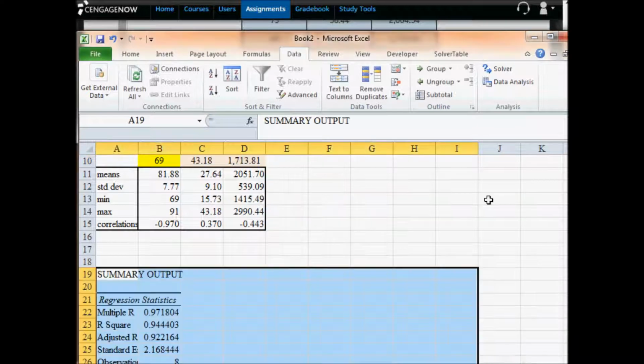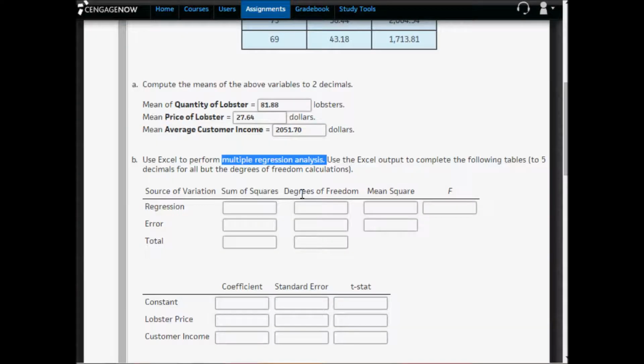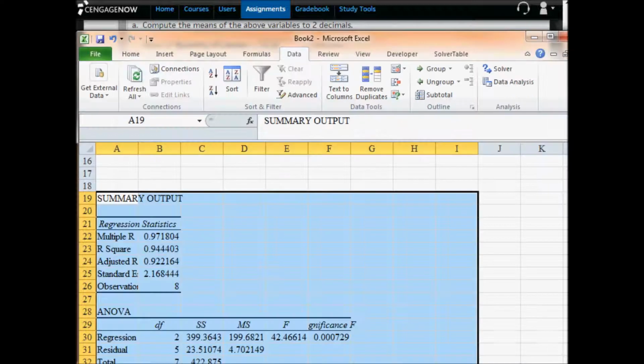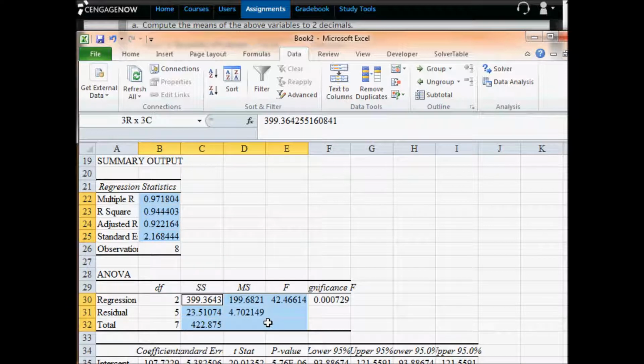And then you can hit OK. Now, in Cengage Now I said 5 decimal places, right? 5 decimal places for all but the degrees of freedom calculations. So I'm going to highlight everything but integers.